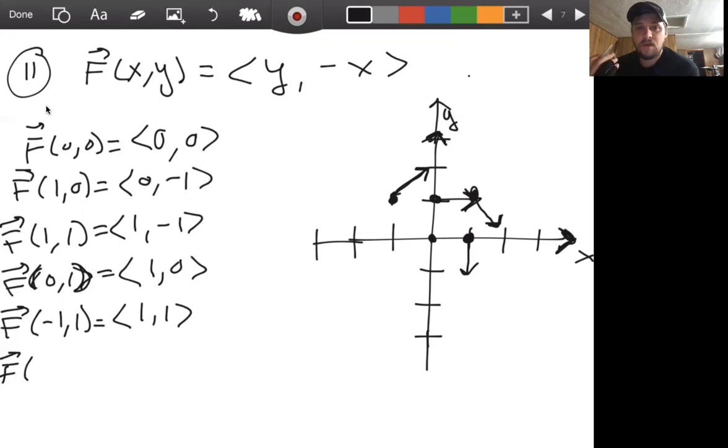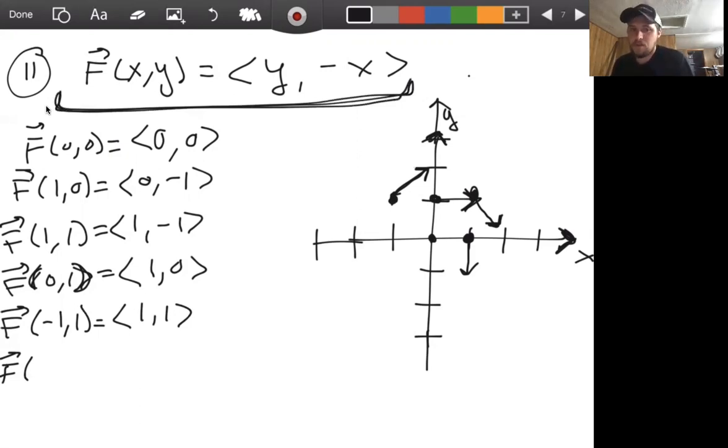Because all we're doing is plugging in points and examining what the resulting vector is, and then we plot that vector, right? Based on whatever the point we plugged in gave us. So here the point would be negative 1, 0, which will give us 0, 1, right? So that's up.